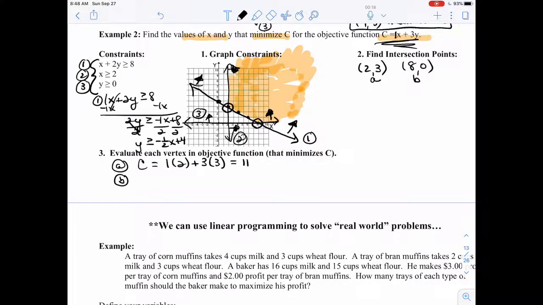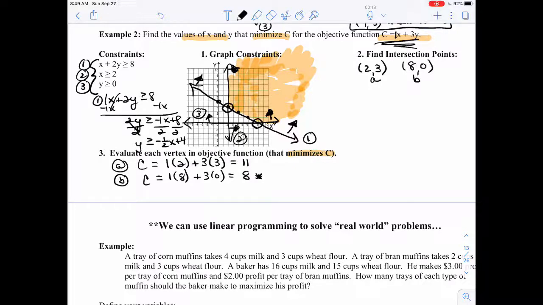Using our second point, c equals 1 times 8 plus 3 times 0, which equals 8. Again, we're looking for the pair that minimizes c. In this case, it is the point (8, 0).